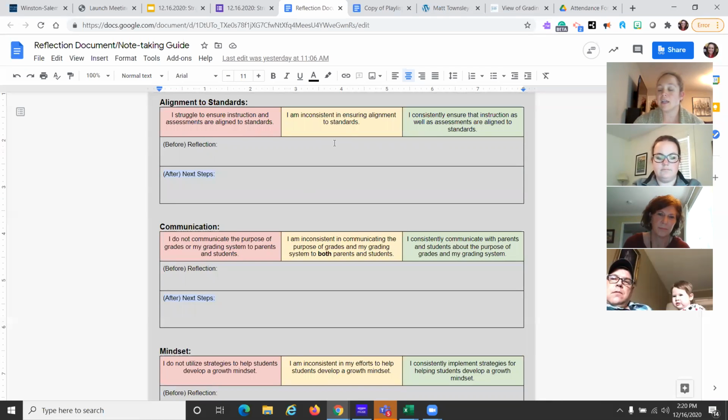You can highlight, put an X, whatever works for you in your note-taking scheme, and jot down any notes or ideas before we get started. Then after each section, we'll take a pause and a break, and you can jot down notes like, yes, I'm on the right track, or I might need to tweak this, or just to give you some of that processing opportunity.